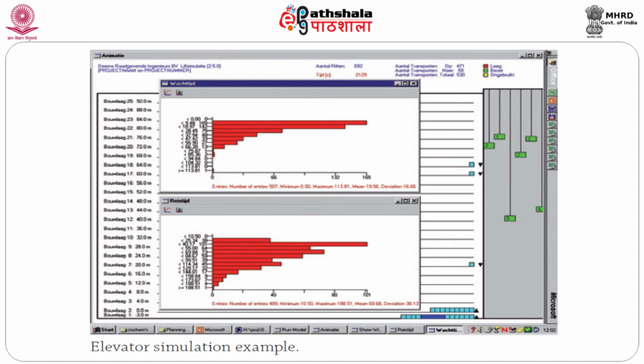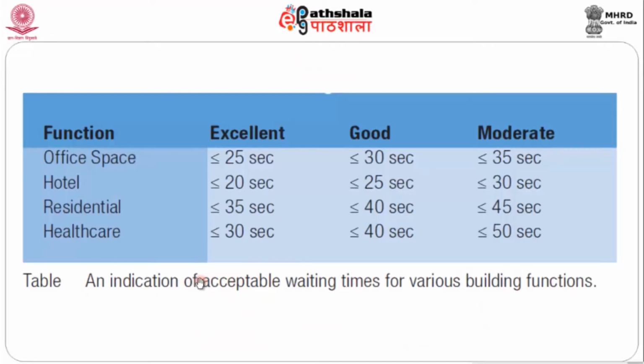Simulation studies are done for arriving at design solutions. Here is a screenshot of an elevator simulation example. This table shows acceptable waiting times for various building functions. For example, for office space, less than or equal to 25 seconds is considered excellent.